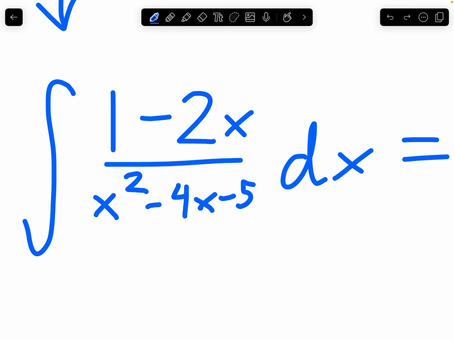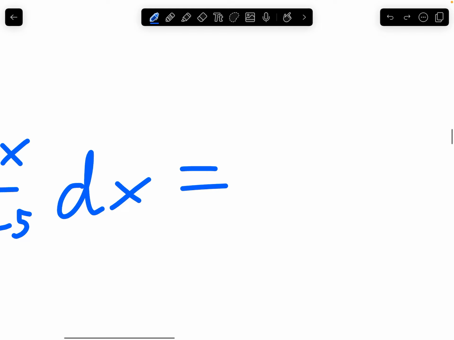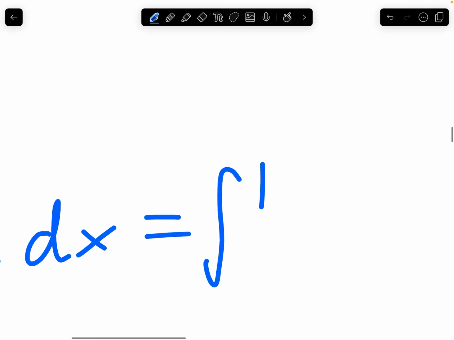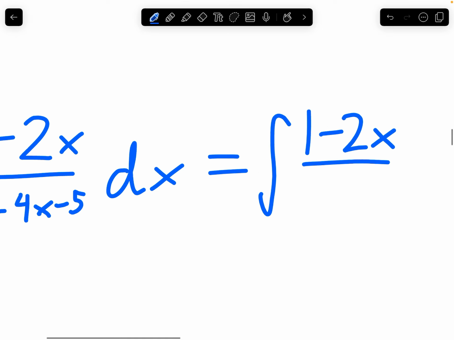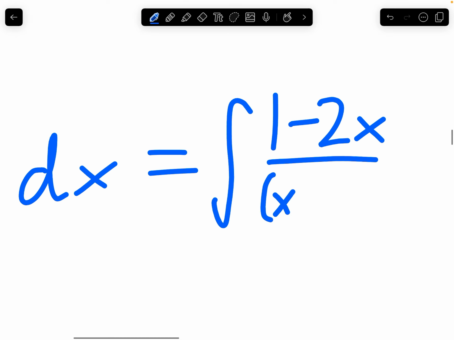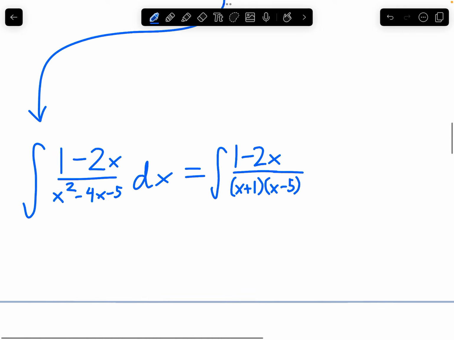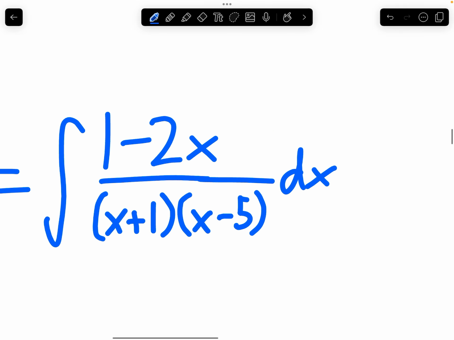Our next step is looking at the denominator and seeing if we can simplify it. We're going to simplify that denominator down to (1 minus 2x) over (x plus 1)(x minus 5), dx.